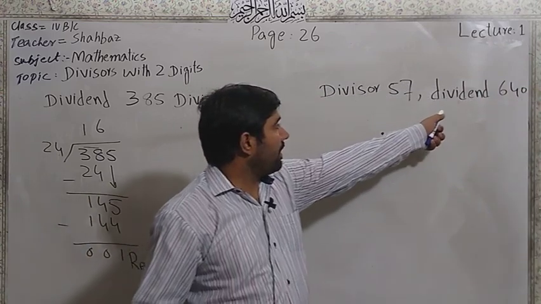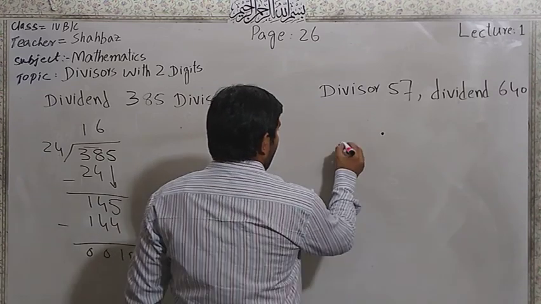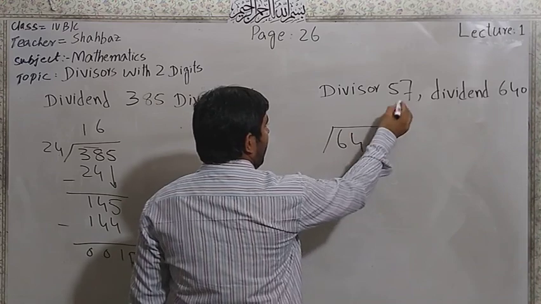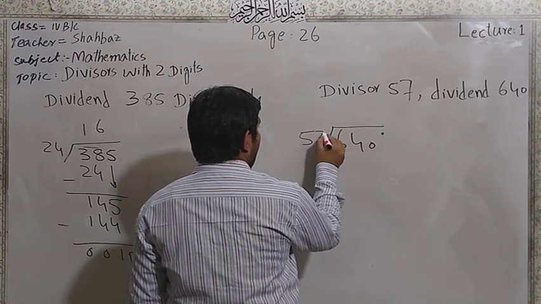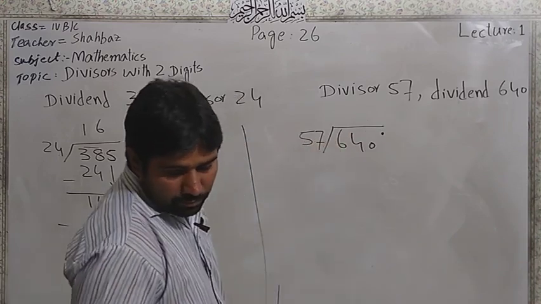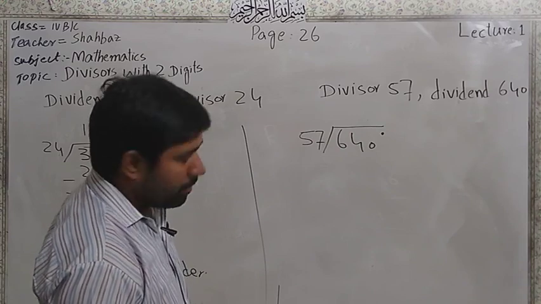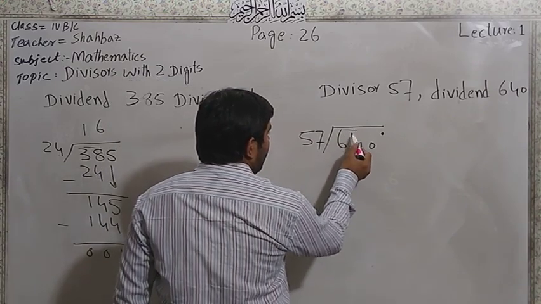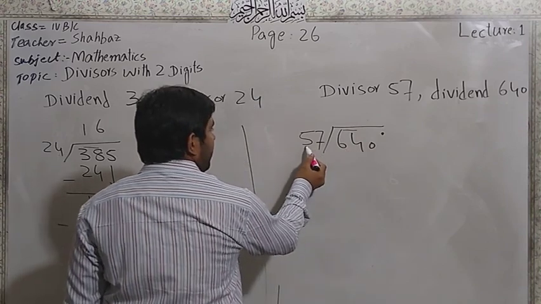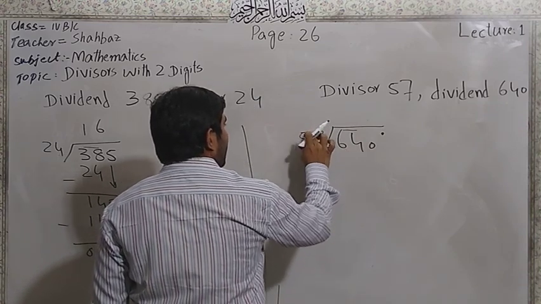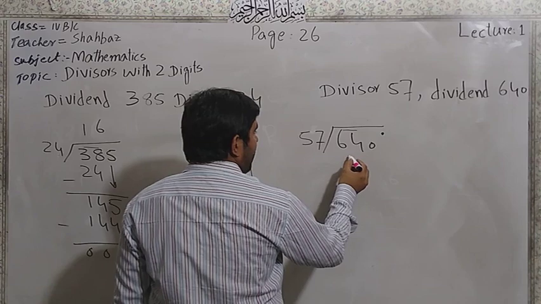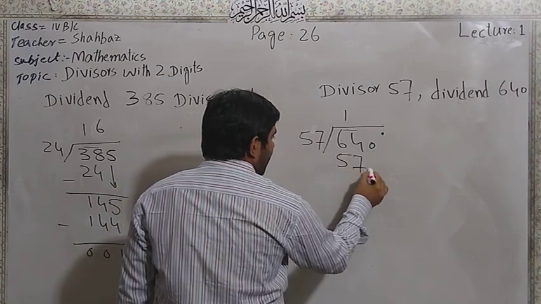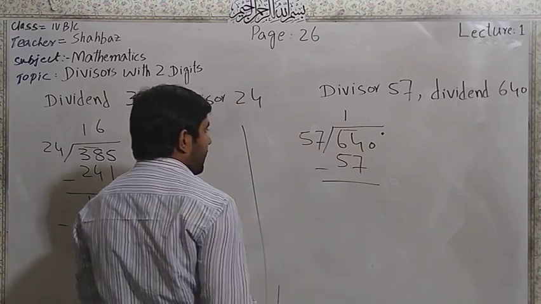So you know that dividend 640 will be inside and 57 will be here. 6 is smaller, so you will join these two numbers, 64. 57 is very near to 64, so you will say 1 times 57 is 57. And now you will subtract this one.